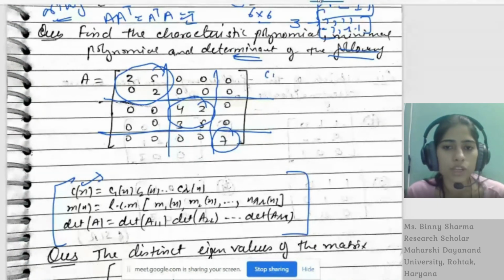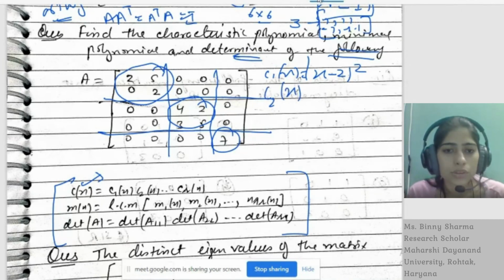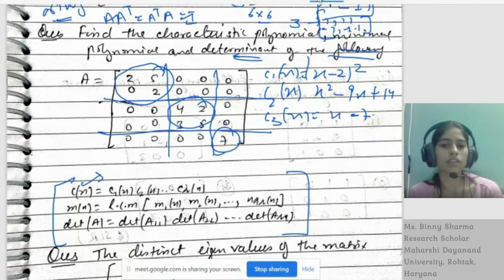The characteristic polynomial of the first block, C1(x), is (x minus 2) square, and C2(x) is x square minus 9x plus 14, and C3(x) is x minus 7.